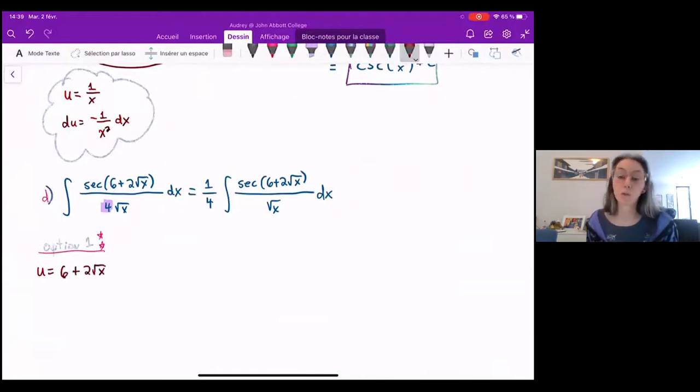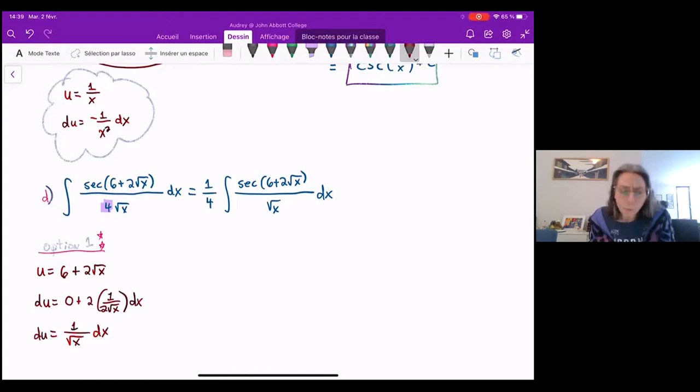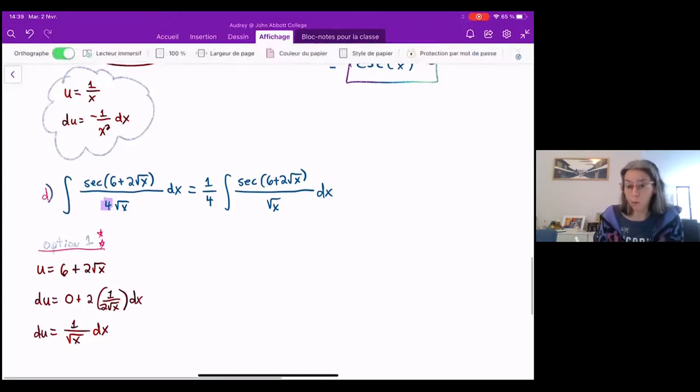And remember I've said that you should just memorize the derivative of root x. So du is equal to 0 plus 2 times 1 over 2 root x dx. So in other words, du is 1 over root x dx. Now, if you're not comfortable with that derivative, you should get to the point where you are.